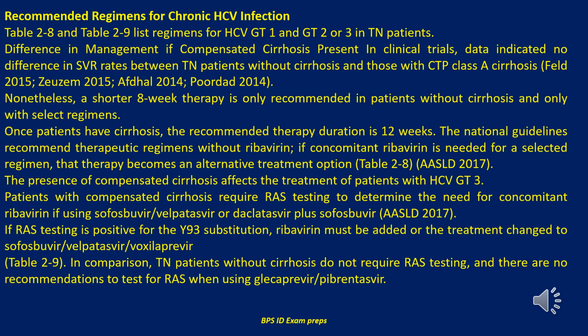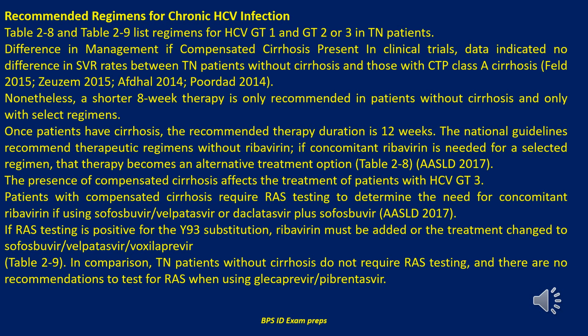Nonetheless, a shorter 8-week therapy is only recommended in patients without cirrhosis and only with select regimens. Once patients have cirrhosis, the recommended therapy duration is 12 weeks. The national guidelines recommend therapeutic regimens without ribavirin. If concomitant ribavirin is needed for a selected regimen, that therapy becomes an alternative treatment option, shown in Table 2-8, according to the AASLD 2017.